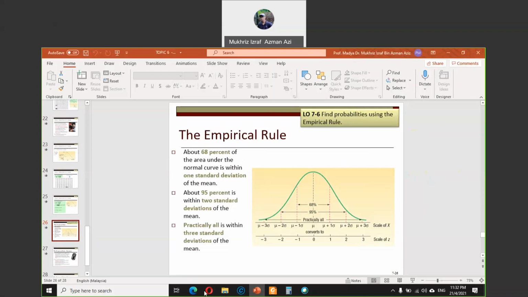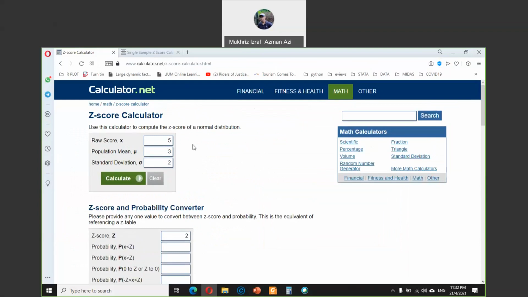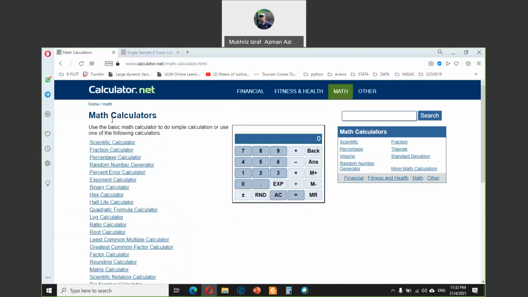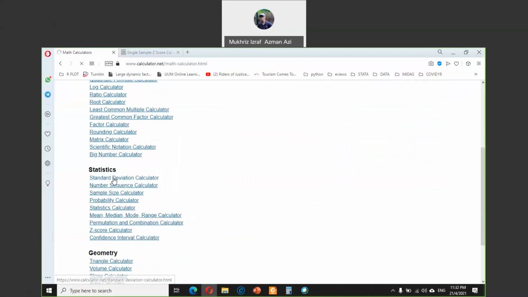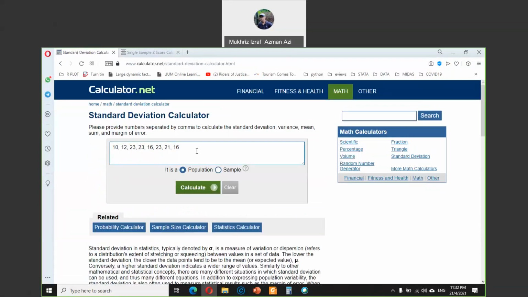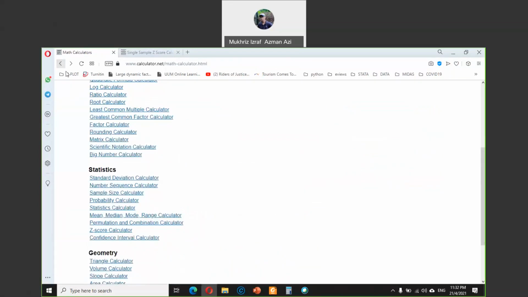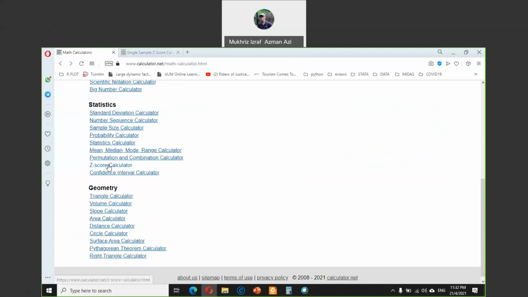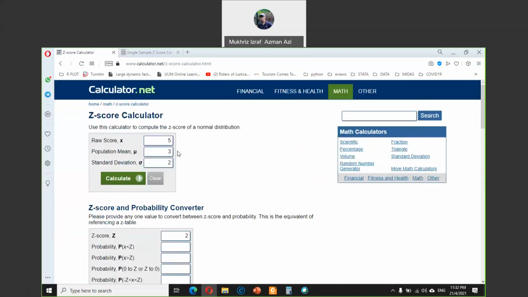I have also given you the link to the same calculator website as previously, for calculating standard deviation. The one we did previously is the standard deviation calculator for population or sample. In the same website, you can also use the Z score calculator.